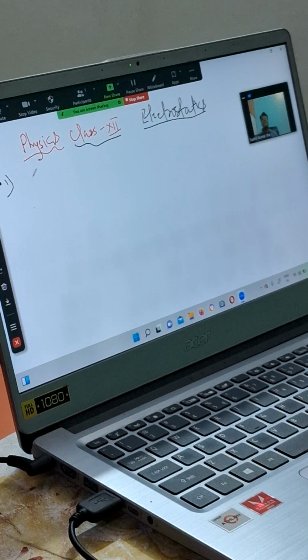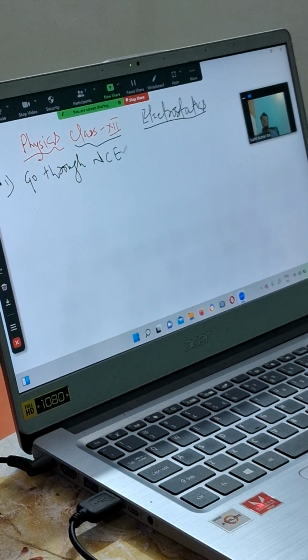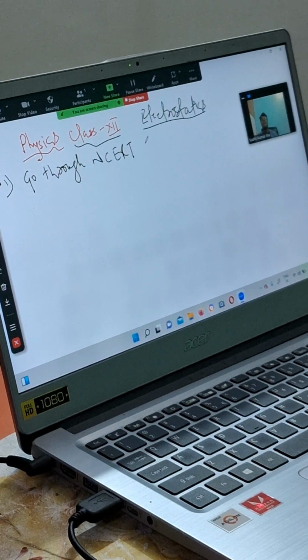Like step 1, go through the NCERT contents.